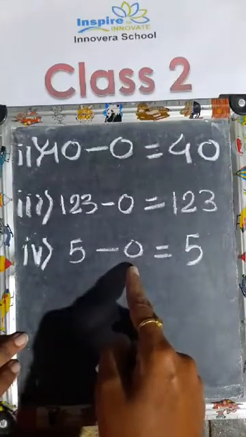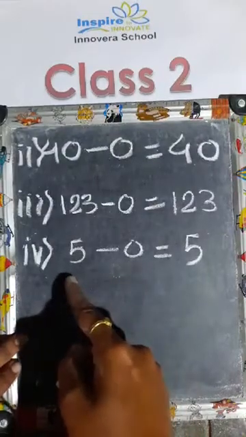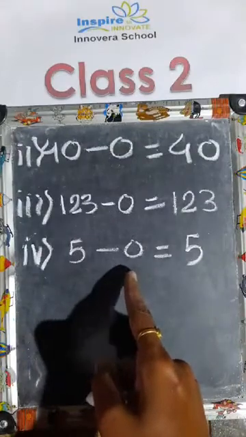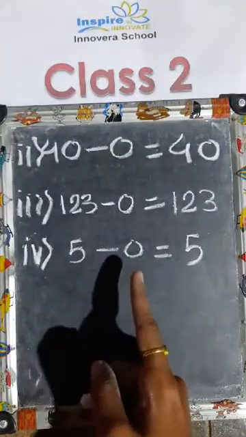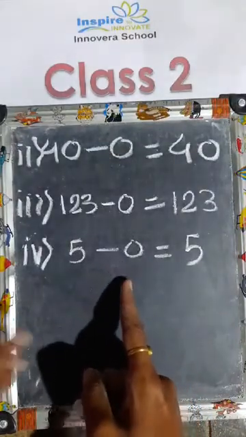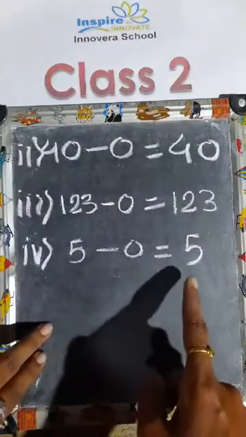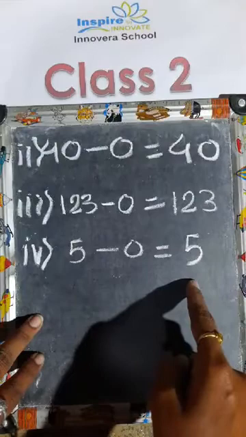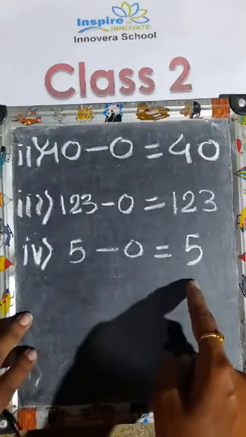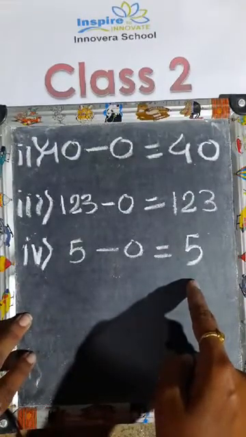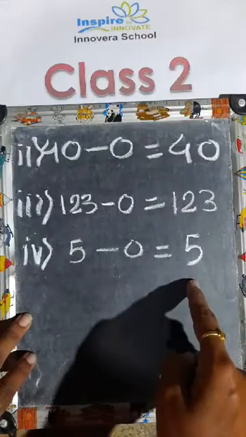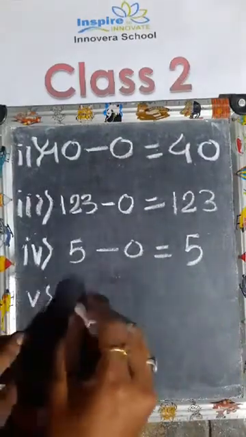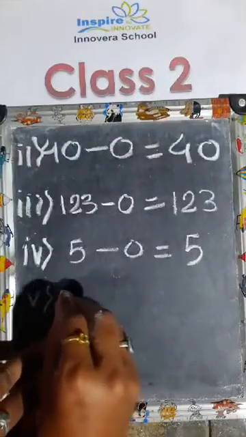You have 5 chocolates and your friend is asking you to give a chocolate and you are not giving. So how many chocolates are left with you? 5 only. Whatever the number of chocolates is, that much you have left with you.